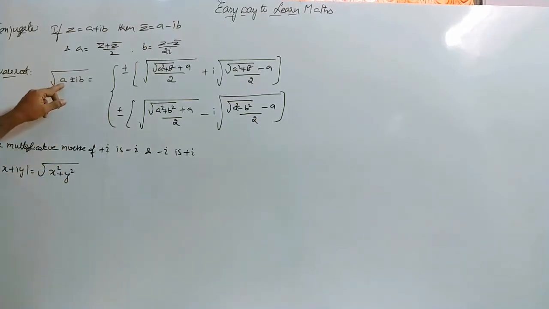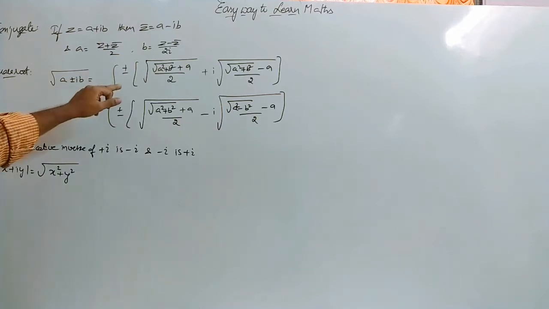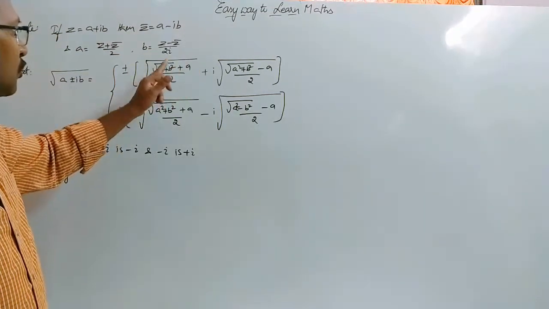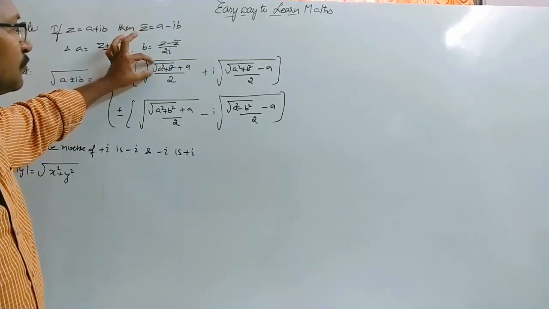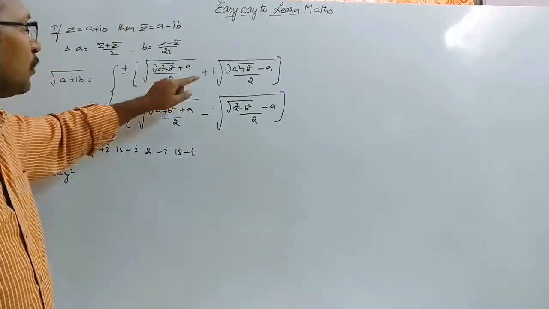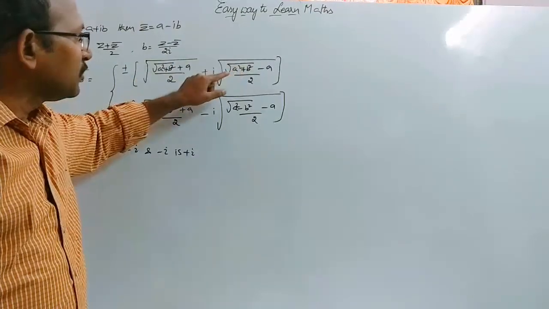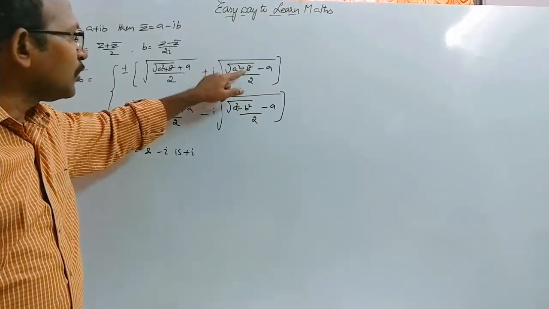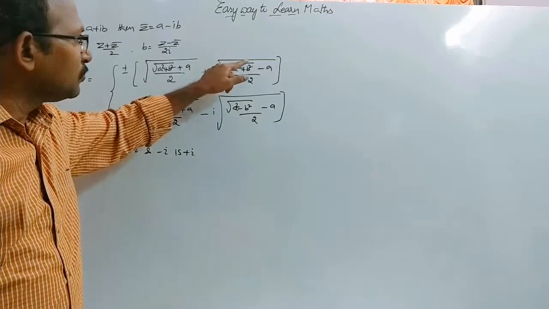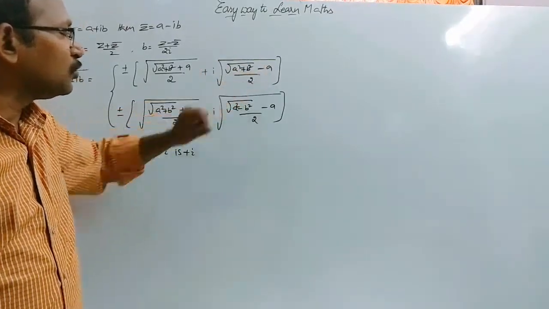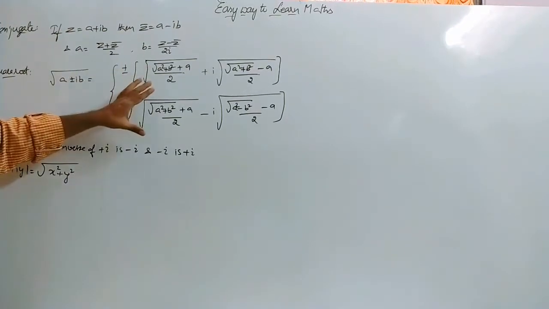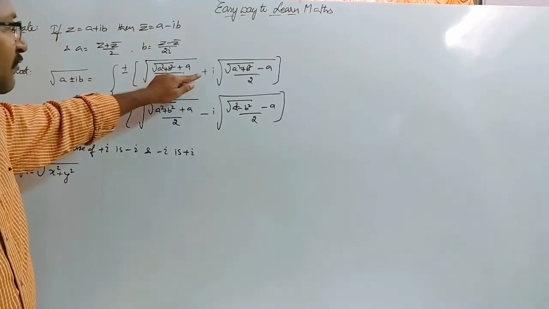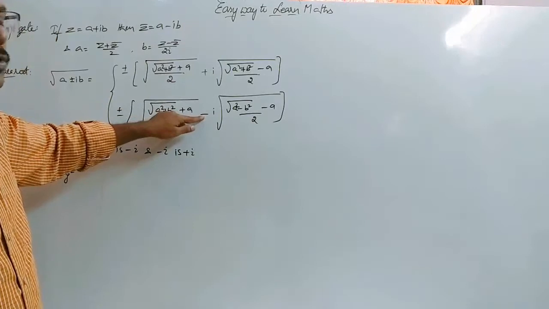The square root of a plus ib formula is plus or minus square root of, the inner root, square root of a square plus b square, plus a by 2, plus i into square root of, here also the square root of a square plus b square, minus a by 2. And if it is a minus ib, then the same formula, just the difference is that in place of plus you have to use minus.